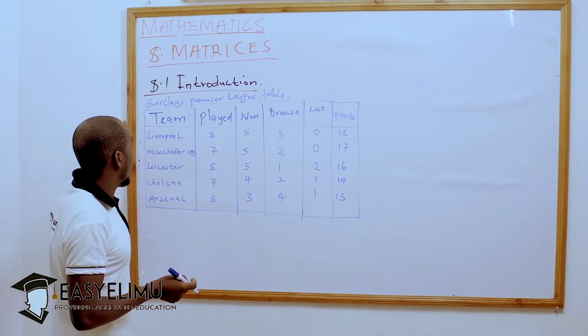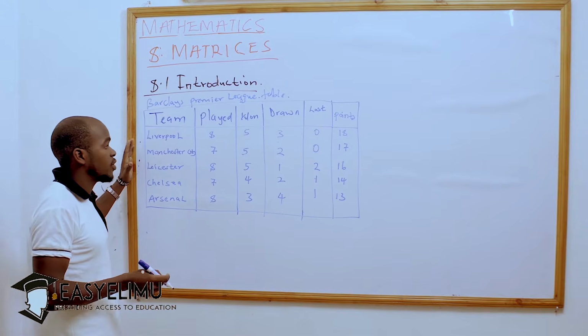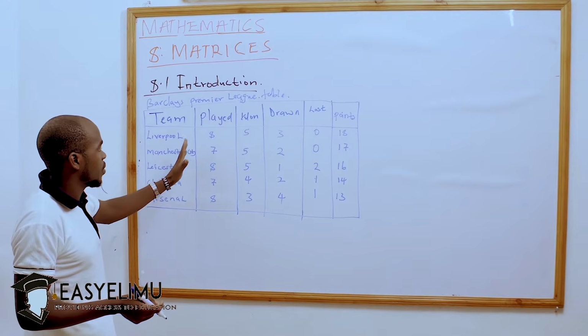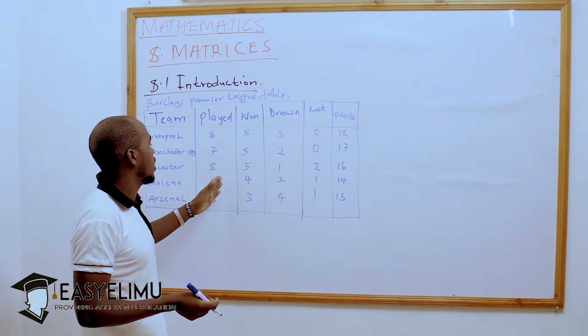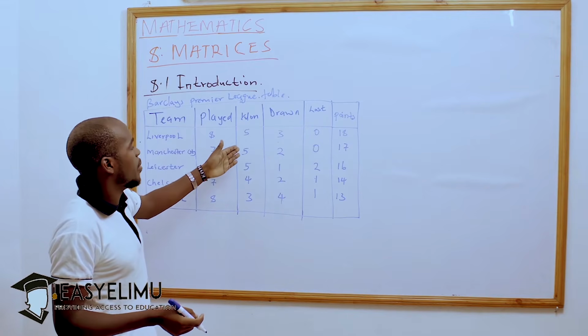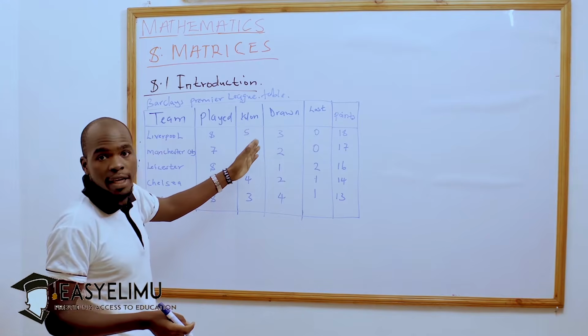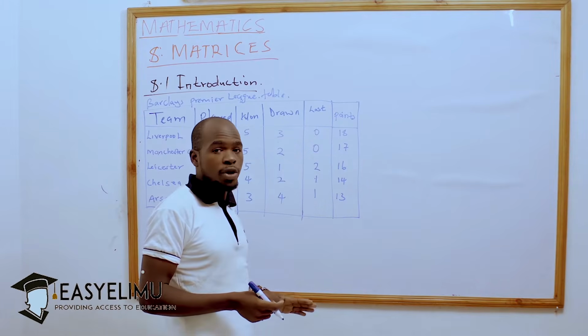These are the played games, the number of games which each team won, here we have a draw, here is a loss, and the points.